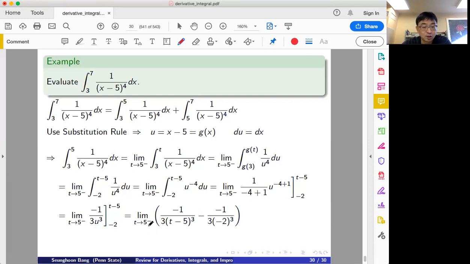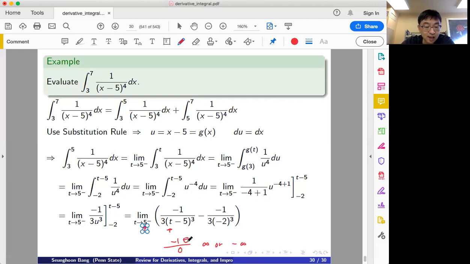Next, what happens? You plug 5 into here. What's that? Minus 1 over 0 form. So we have two possible answers from the one-sided limit: infinity or negative infinity. How can you check?